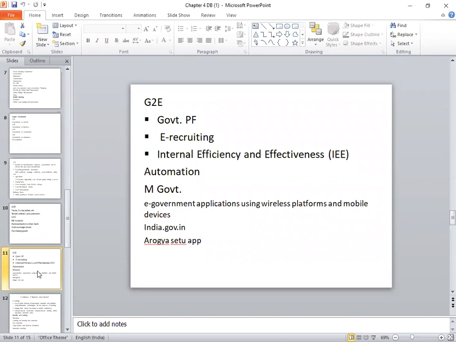Now here, internal efficiency and effectiveness with the help of IT or internet, how the government is day by day improving its efficiency. Now, when the government thinks of embracing this technology, ultimately, within a fraction of seconds, the information would reach the concerned people, the masses, the employees, or the other government offices, government sector, or the businesses. Any of the communications with the help of internet will reach within fraction of seconds.